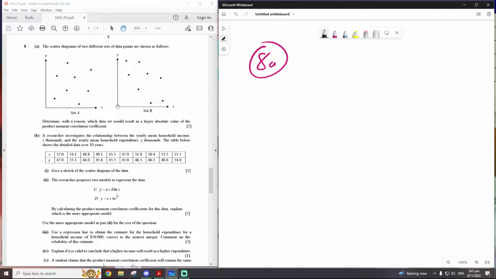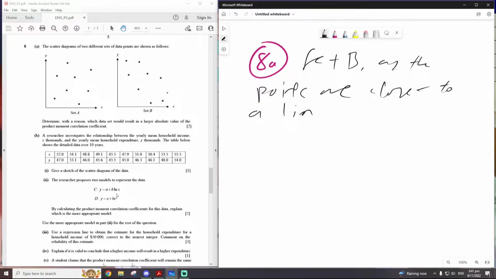Which one looks closer to a line, essentially? Well, it's going to be set B, right? Set B, as the points are closer to a line. Then set A. Okay?